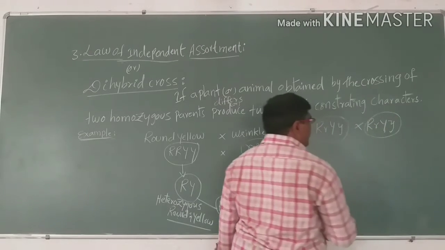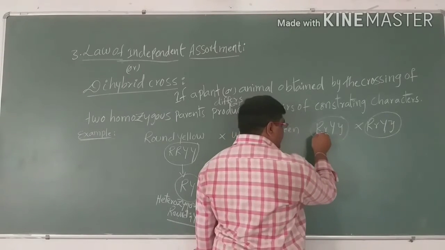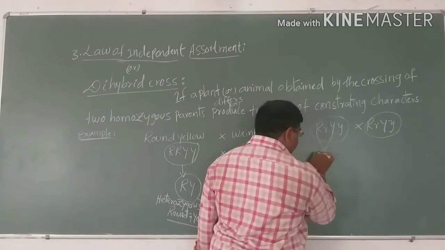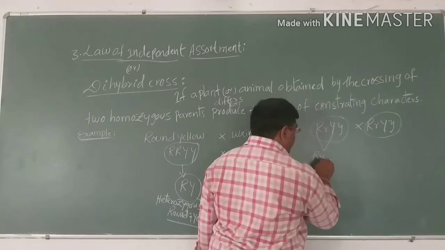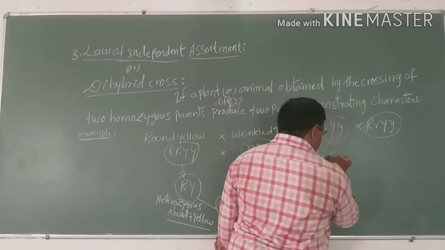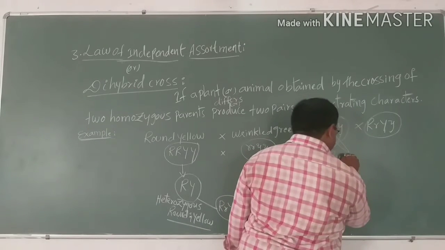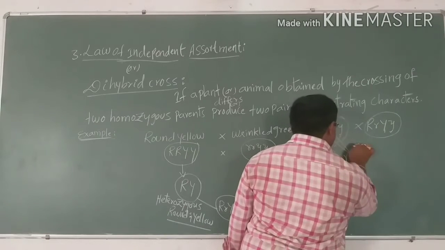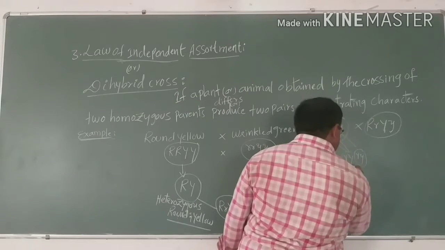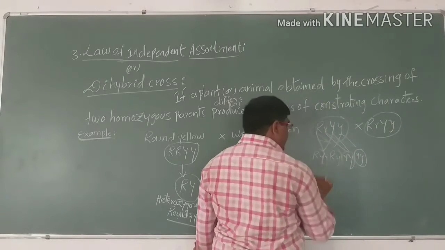Here one is the male gamete and the other is the female gamete. The male gametes are capital R, capital Y; capital R, small y; small r, capital Y; and the fourth one, small r, small y. These are the four male gametes produced.